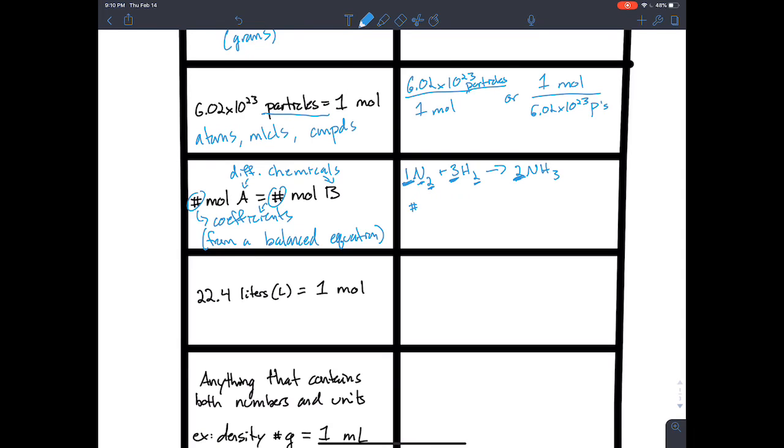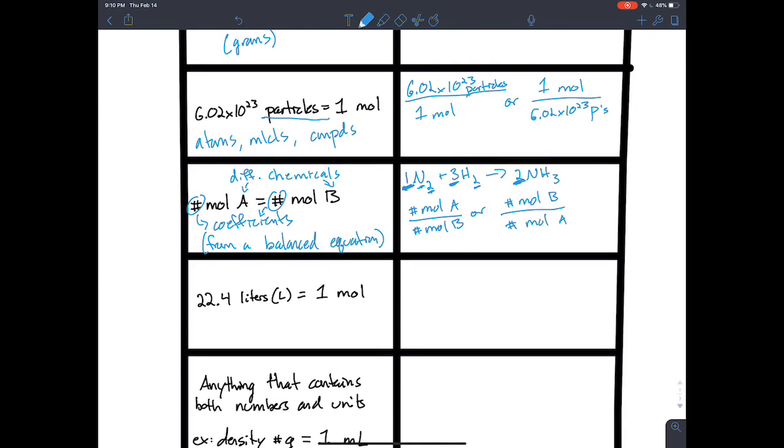So for the number of moles of A, whatever number of moles of A per number of moles of B, and then again we can always flip that, or number of moles of B per number of moles of A. So if we made this 1A and this 2B, it would be for every 1 mole of diatomic nitrogen, we have 2 moles of NH3. And for every 2 moles of NH3, we have 1 mole of diatomic nitrogen. So that's what that means.